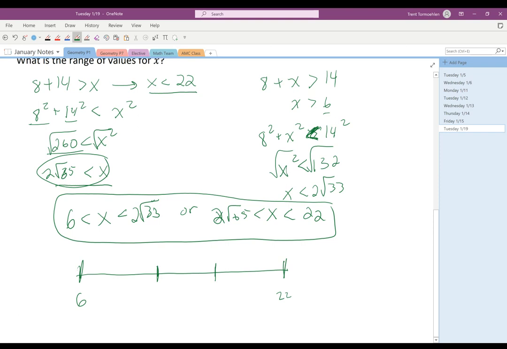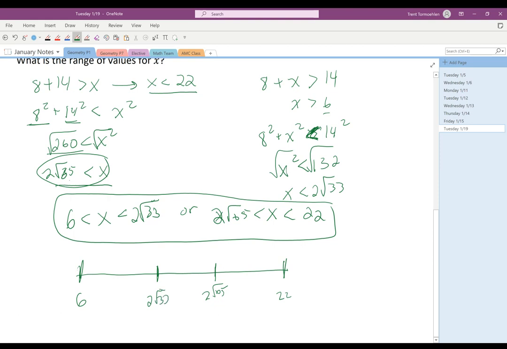Not a Pythagorean triple, but you solve the Pythagorean theorem. 8, 14, and 2 root 65 is a right triangle because 8 squared plus 14 squared equals 260, and when you take the square root, 2 root 65. And so that goes here, and then 2 root 33 goes here.